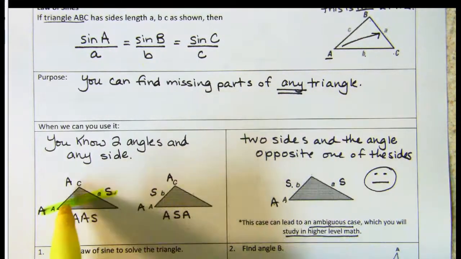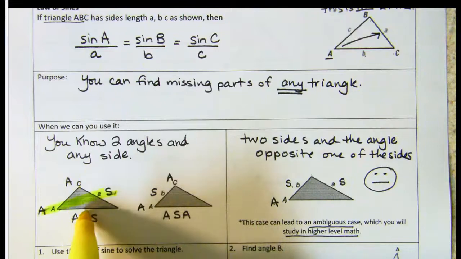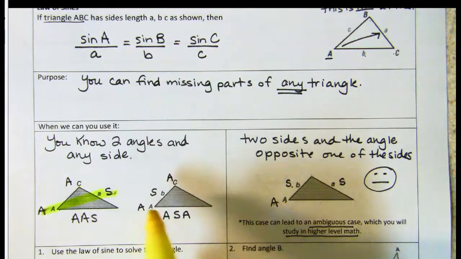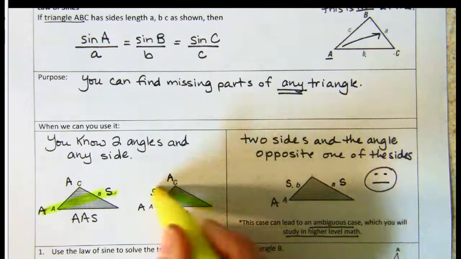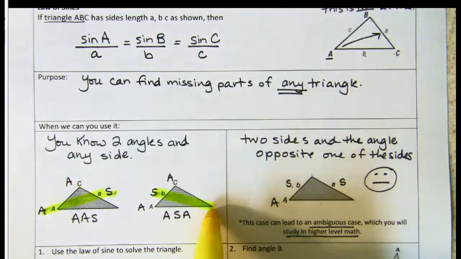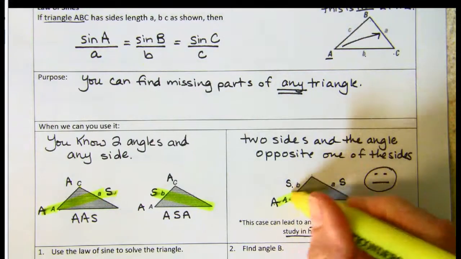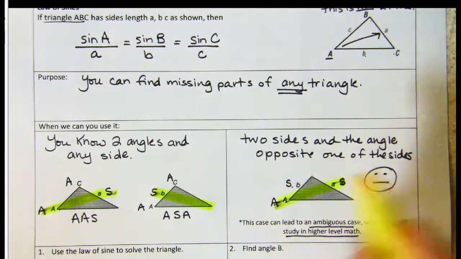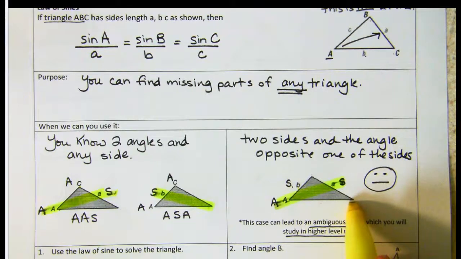In this situation, I have angle A and its opposite side, and then I can just pick up the C. On this one, since you only have that one side, you would first find angle B. Why does this one work? Because you have angle A and lowercase a, so you can actually find angle B.